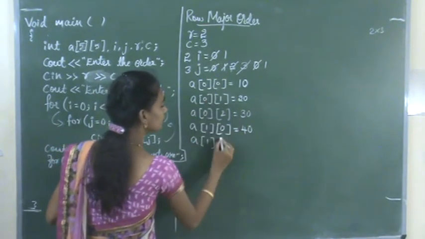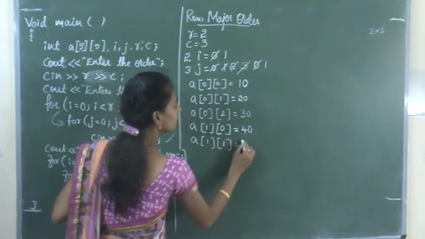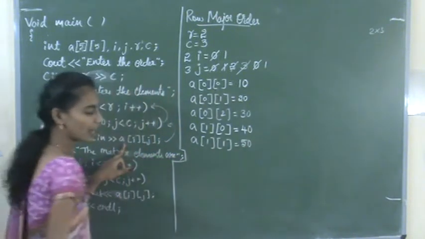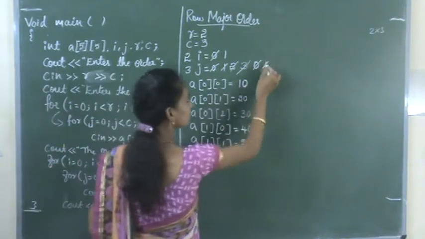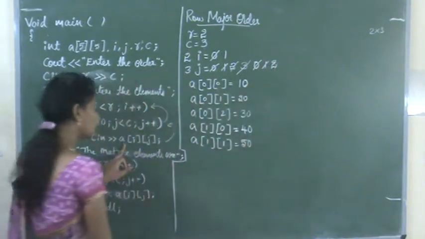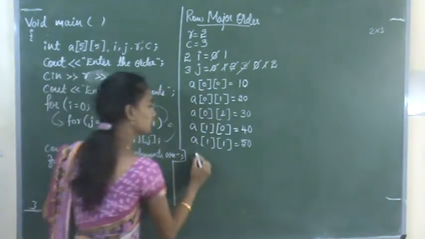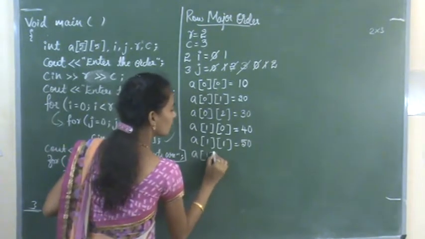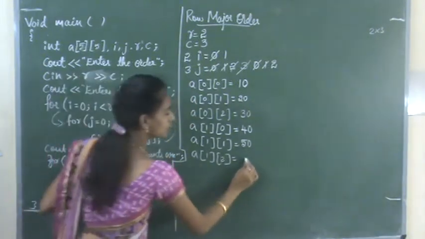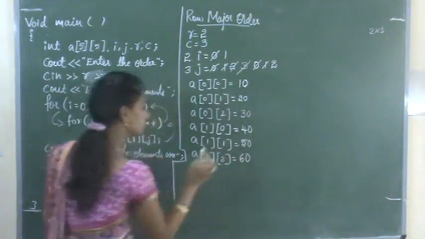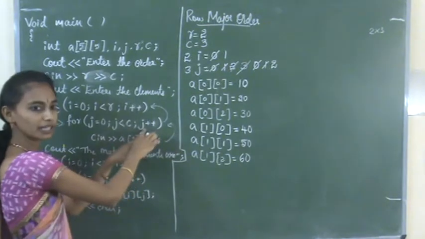I value is 1, J value is also 1. I enter some value. Again it will go back to the loop. Increment the J value, J value becomes 2. 2 less than 3, true. So A of 1, 2, I entered some value here, right? So again the loop will be repeated.